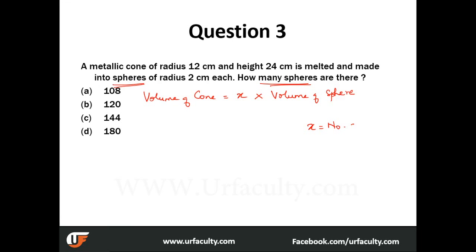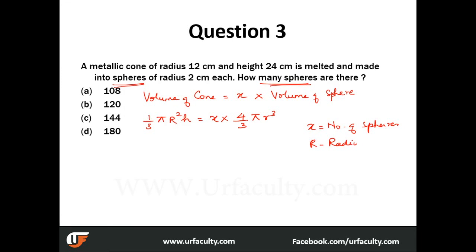How many spheres are there? Number of spheres. Okay. So what is volume of cone? 1 by 3 pi r square h. And what is x into volume of sphere? 4 by 3 pi r cube. What is r here?